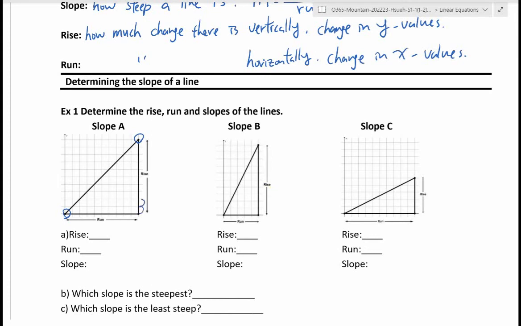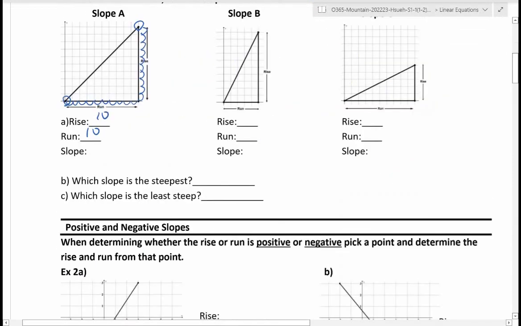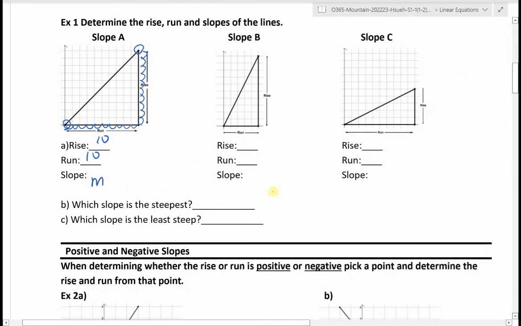So the rise is going to be 1, 2, 3, 4, 5, 6, 7, 8, 9, 10. And the run is going to be 1, 2, 3, 4, 5, 6, 7, 8, 9, 10 as well. So the slope is rise over run. Here we know the rise is 10, and the run is also 10. So the slope is 10 out of 10, which can be simplified to just 1. So that's the slope for the first line.